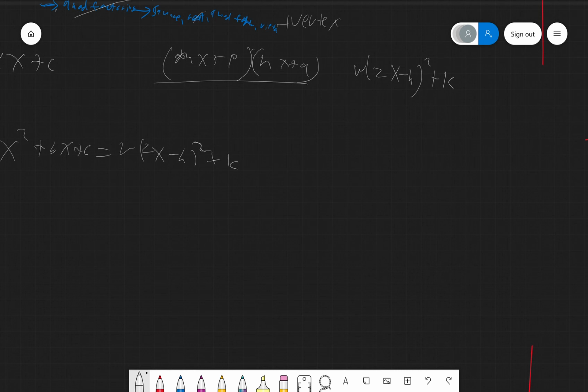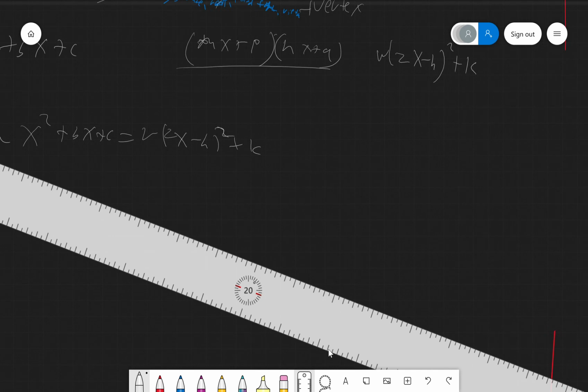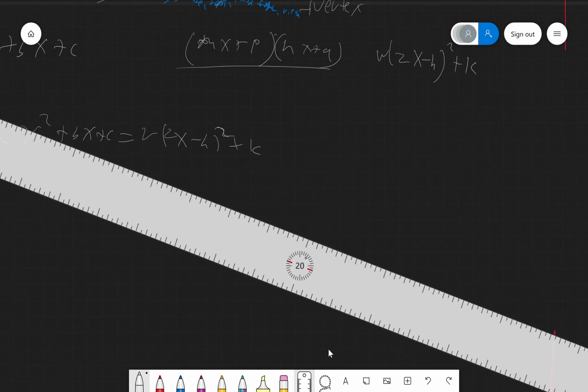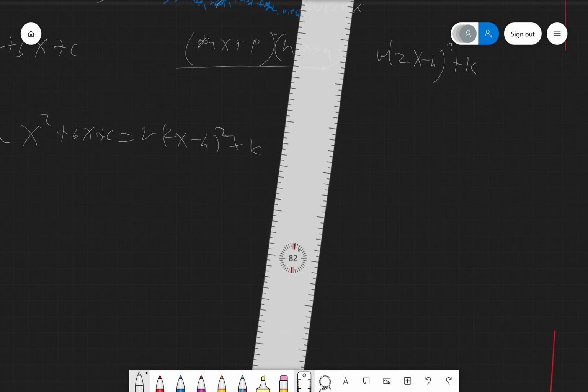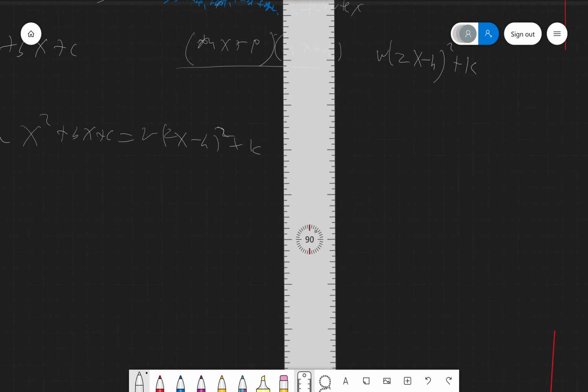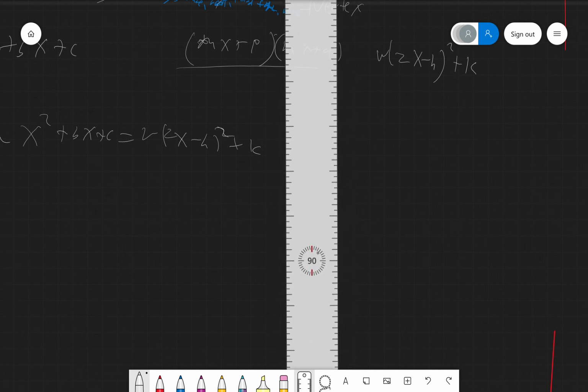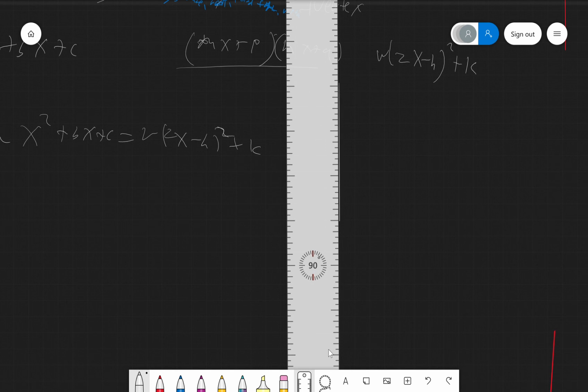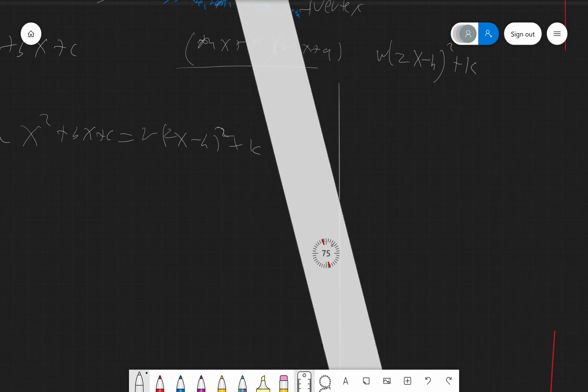Now I'm going to talk a little bit about graphing first and why it's called vertex form. So when we have our graph, let's say we had a graph, and then we were to turn this to 0.